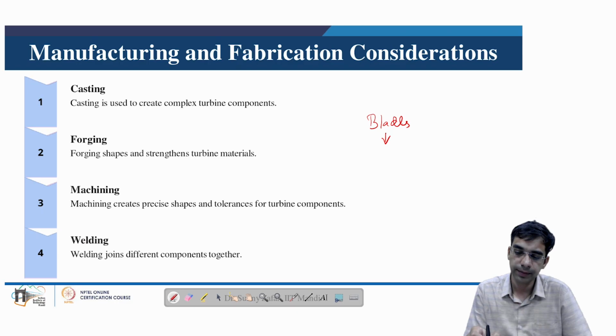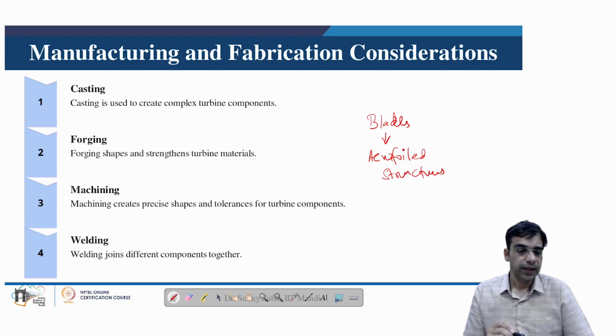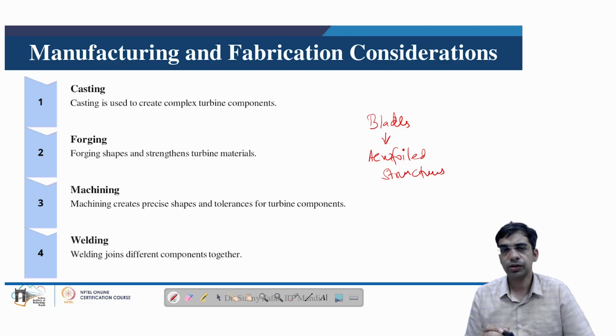So these blades are aerofoil structures, and specialized casting processes are used to make such blades, for example in a gas turbine or the steam turbine. Subsequently, after casting, as we know, many a times the casting process itself may not yield the appropriate properties or the microstructure of the product. So sometimes some of the forming processes are utilized.